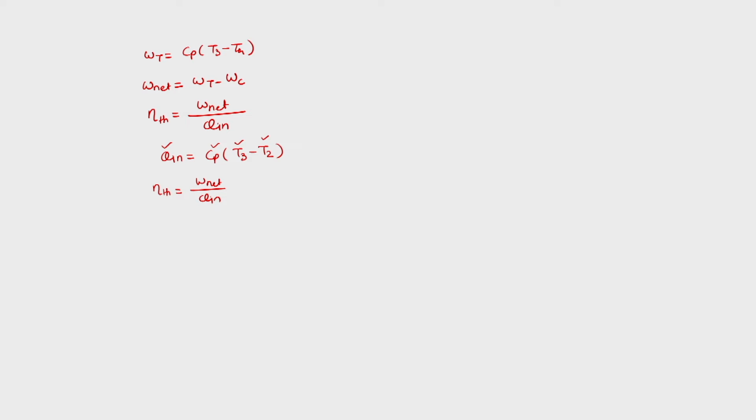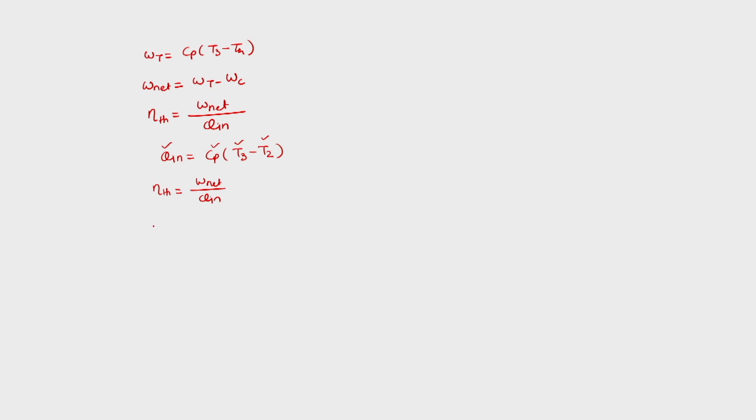So, this is how we would have solved the problem, and this is a special problem, since it deals with the optimum net work condition, and this formula we have derived. There would be one more thing which some people would ask in the example, and that is work ratio. We have seen that work ratio is W net upon Wt, which is turbine work.